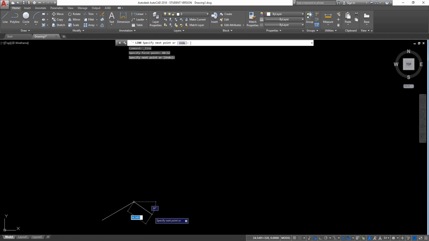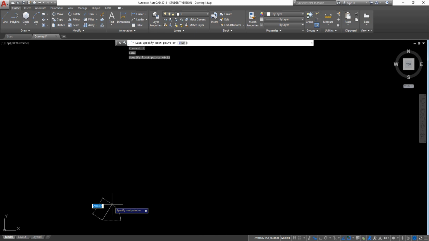For example, I'm going to do this line from the origin, and you can see the values 40 and 32. Okay. Again, here, line from a point that is 40 less than symbol 32.